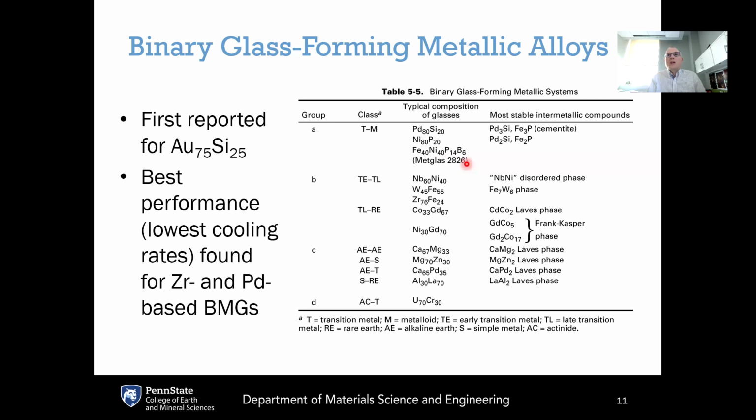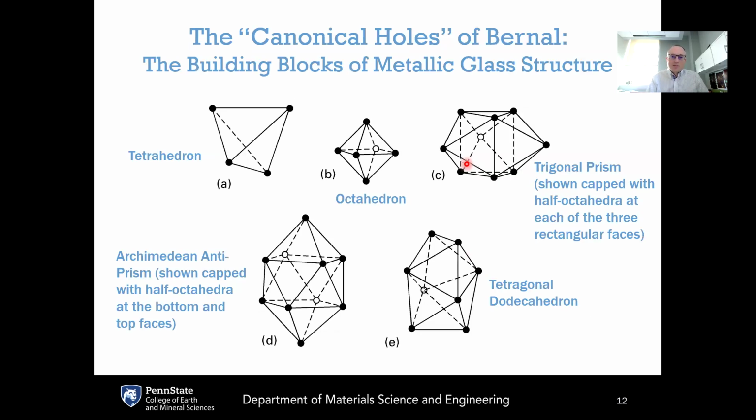The better that you can suppress crystallization, the better the glass formability that you'll get. So having a greater number of different elements with mutually incompatible crystal structures is a way to get greater stability with metallic glass forming alloys and therefore be able to cool them at slower rates.